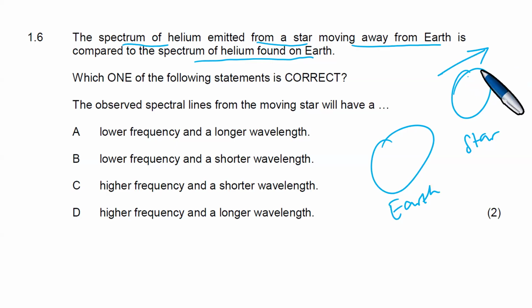This star is moving away from Earth. So we're comparing the spectrum of helium emitted from a star moving away from Earth to the spectrum of helium found on Earth.